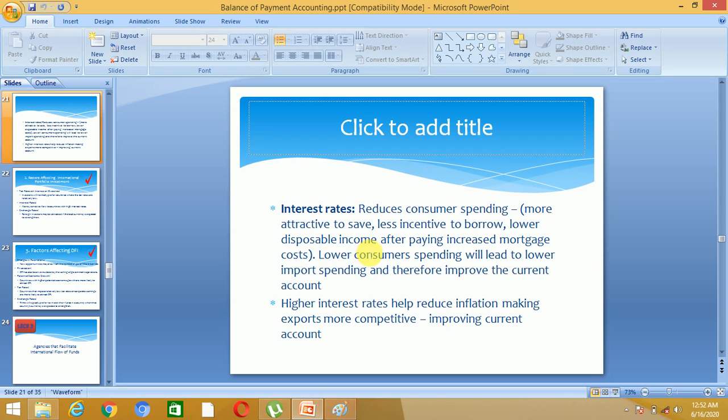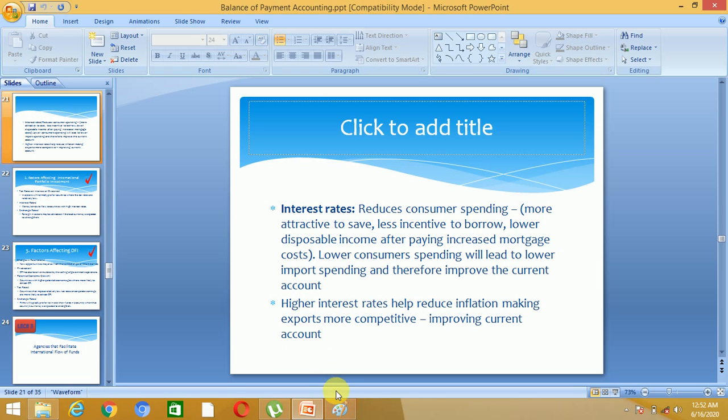Lower disposable income. People will save more. Lower consumer spending will lead to lower import spending and therefore improve the current account.